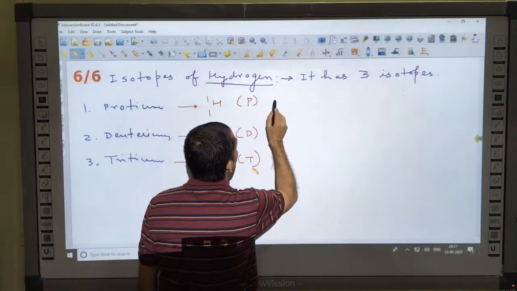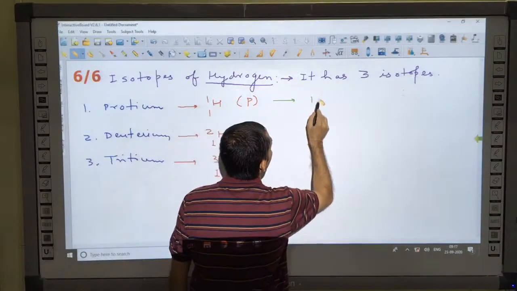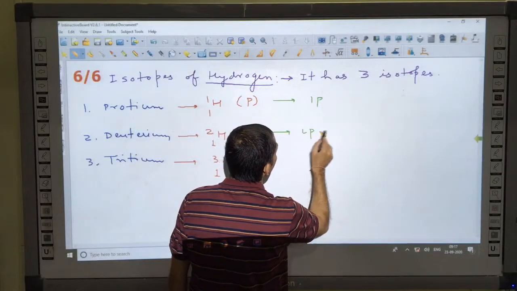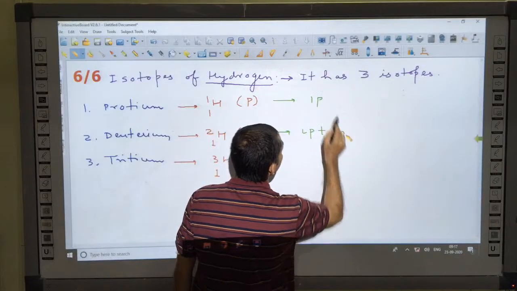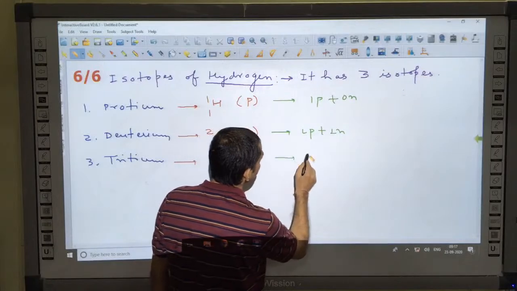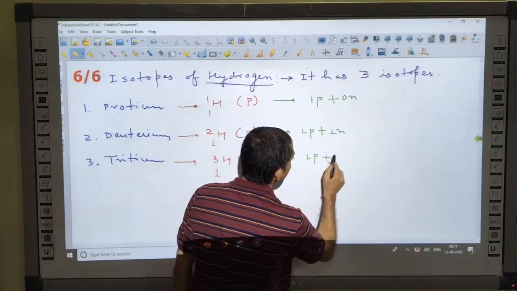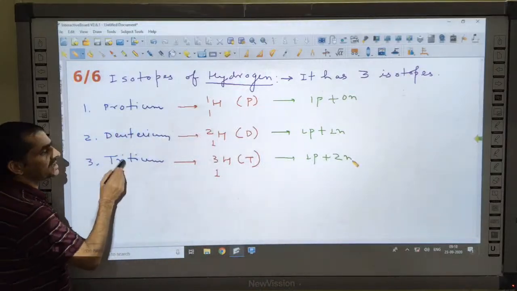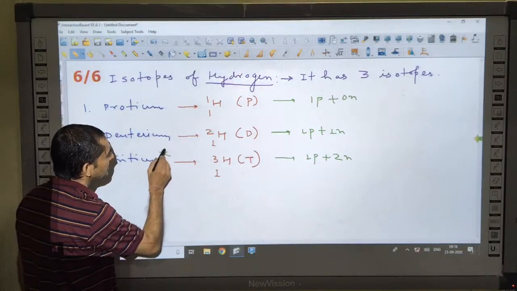Clear? Protium contains one proton. Deuterium contains one proton plus one neutron. Here neutron is 0 in protium. Tritium contains one proton plus two neutrons, and this tritium we write as T.